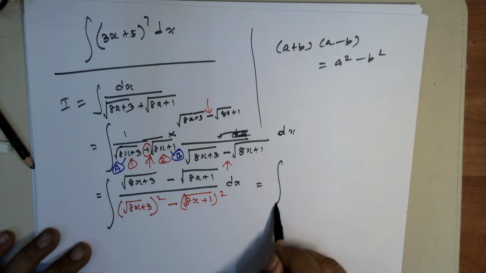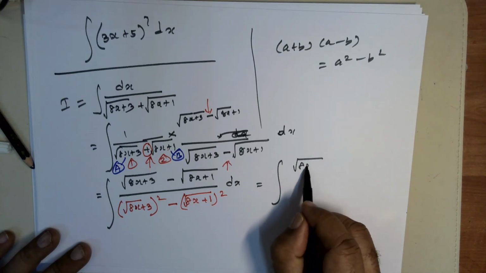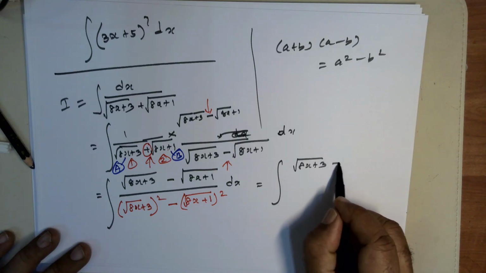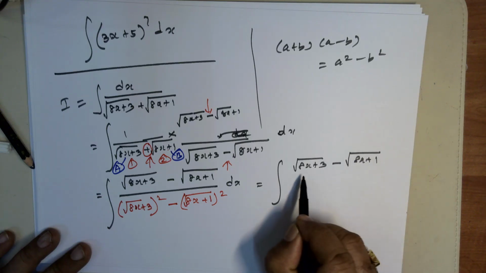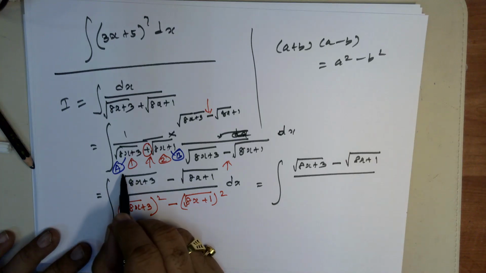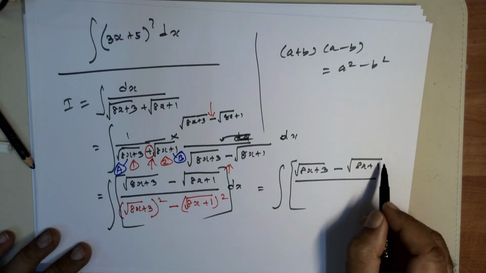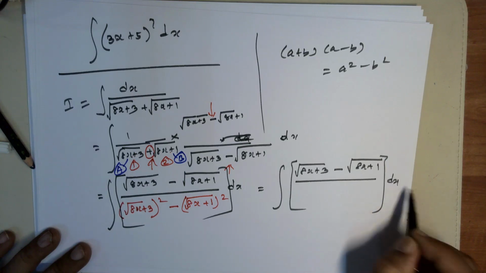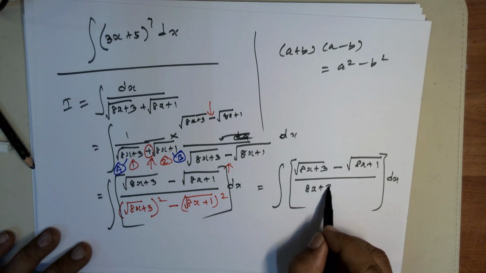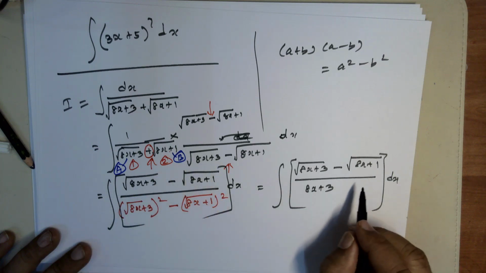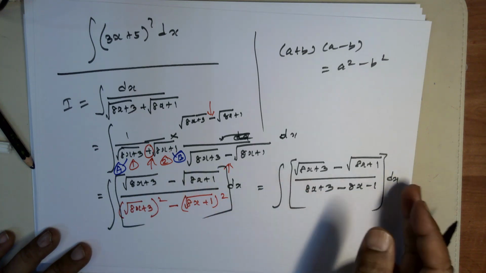So that is equal to the integral of root of (8x plus 3) minus root of (8x plus 1), whole divided by the entire operation within this bracket. You have to be very careful about these brackets. So here 8x plus 3, minus 8x, minus of minus 1.